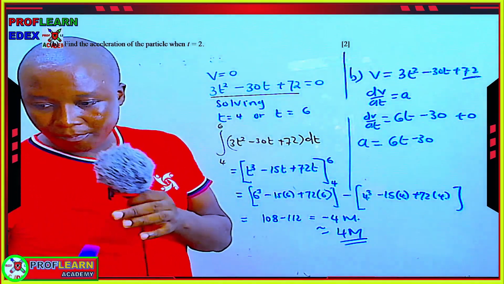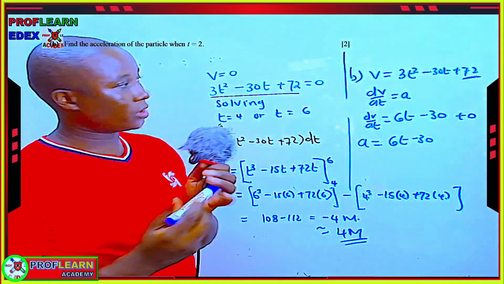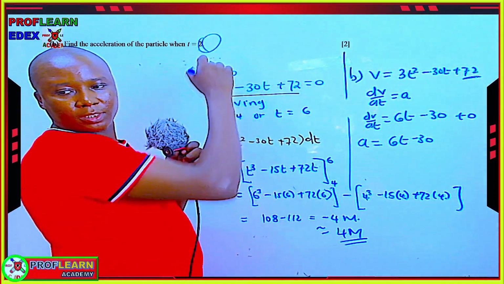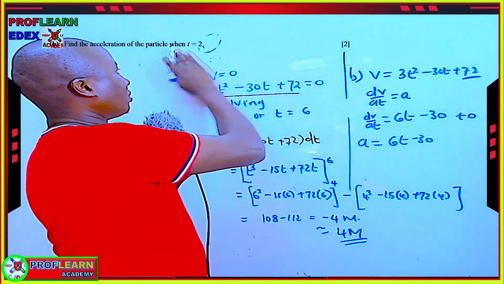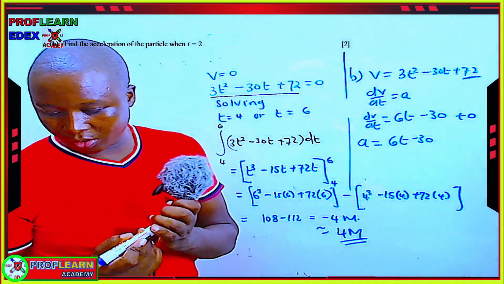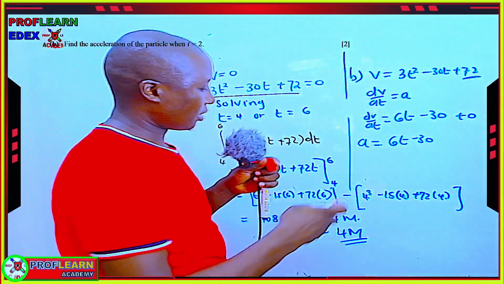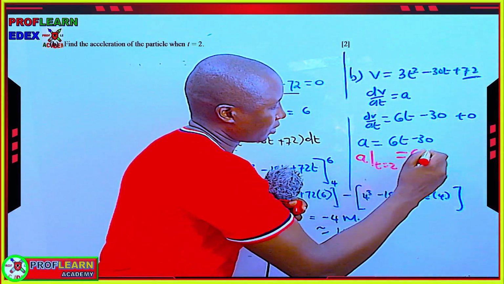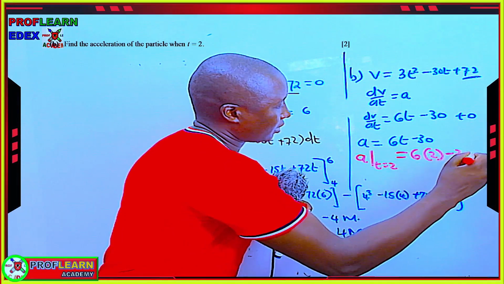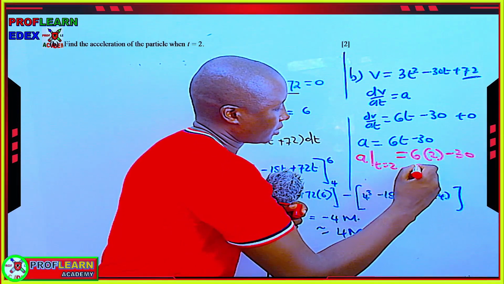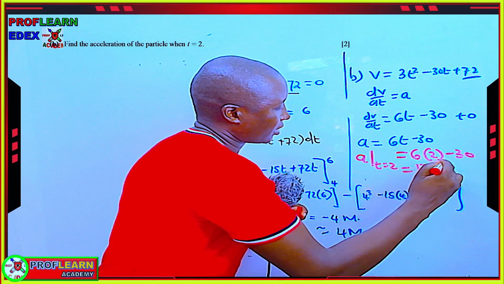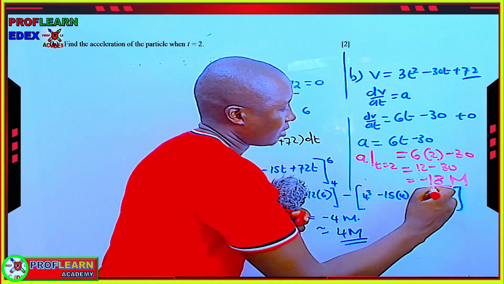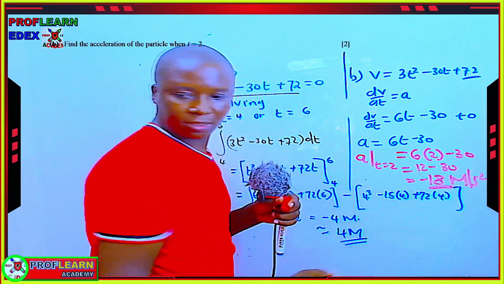So remember, we are finding acceleration at which point? At the point where t is equal to 2. So acceleration at t = 2 is going to be 6 into 2 minus 30, that's 12 minus 30, and the answer is negative 18 meters per second squared.